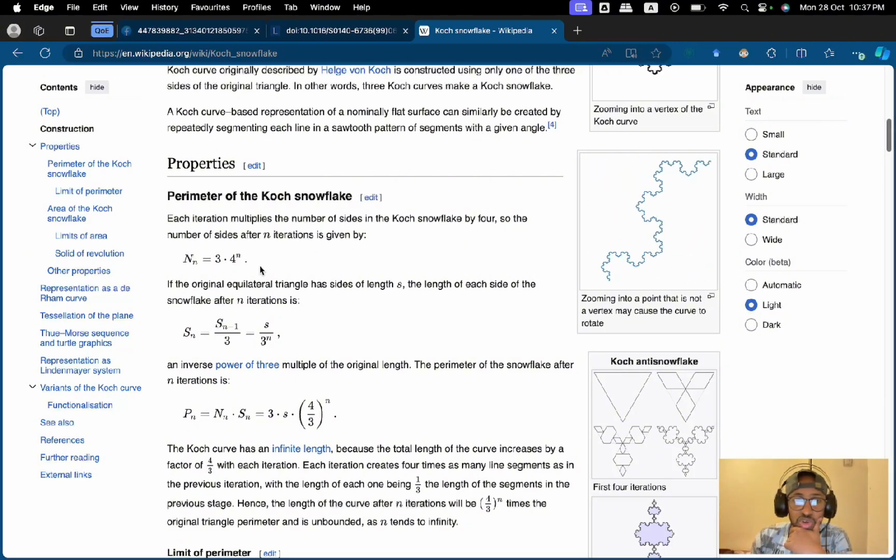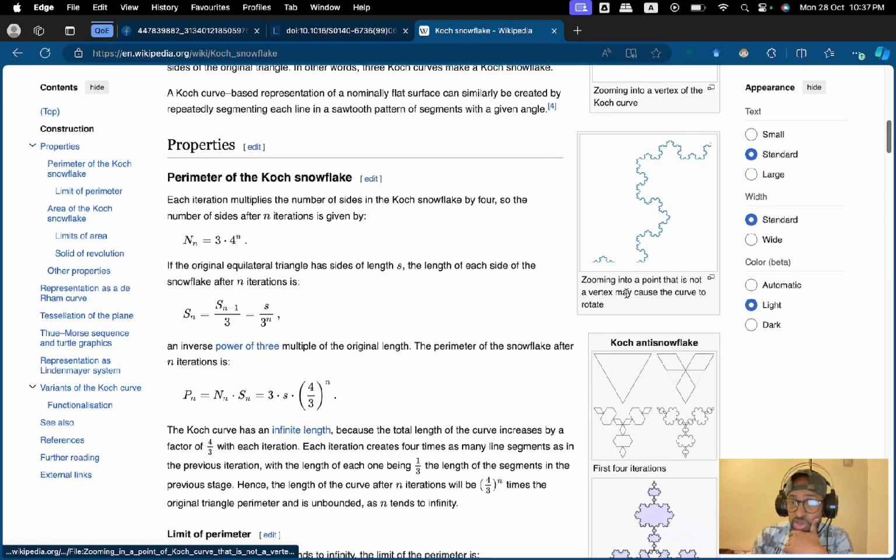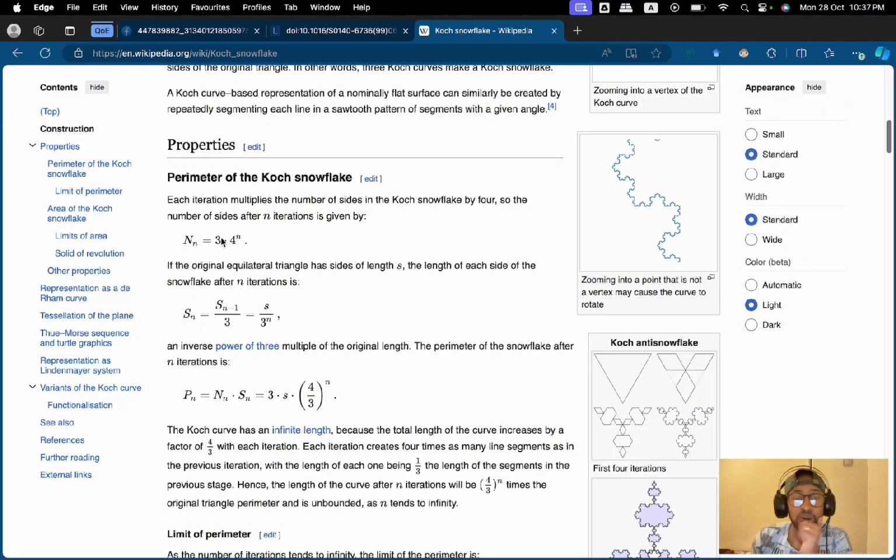So for a Koch snowflake, where the initial position is we have 3 segments, the number of segments created is 3 times 4 to the power of n, where n is the iteration of the recursive depth. That means for a single line, it will not be 3, it's 1, so it will be 4 to the power of n.